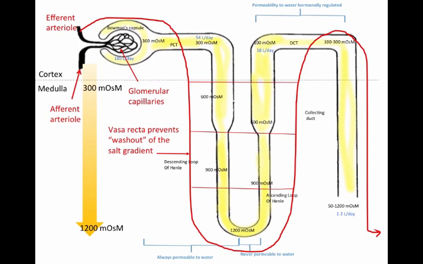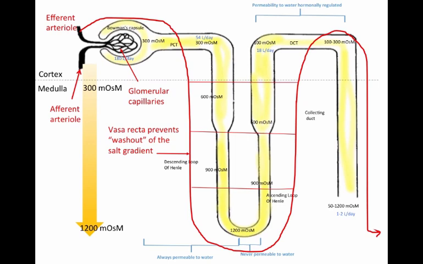And the peritubular capillaries are where the fluid that's reabsorbed from the nephron moves into the capillaries, and then it ends up going to the renal vein and eventually back into the vena cava and back to the heart again, so it goes back into the circulation.